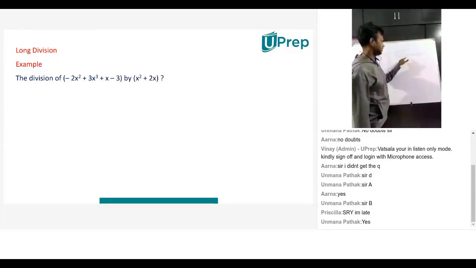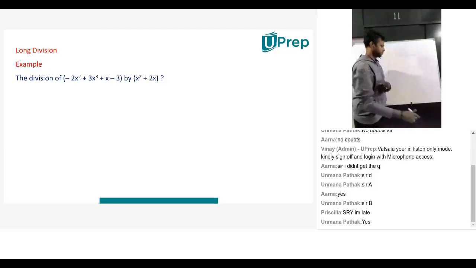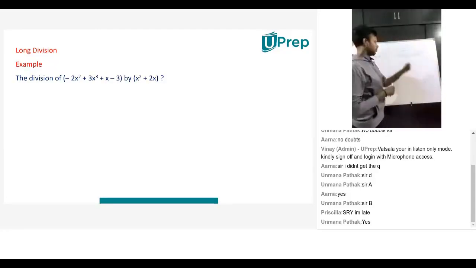Children, give it a try. What is that I need to multiply with x square so that I get 3x cube? Any of you can guess? Children, yes. What is that we need to multiply?